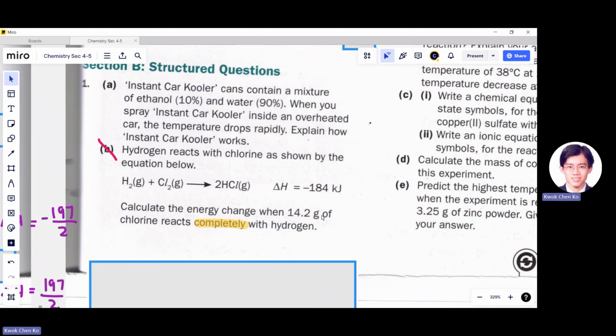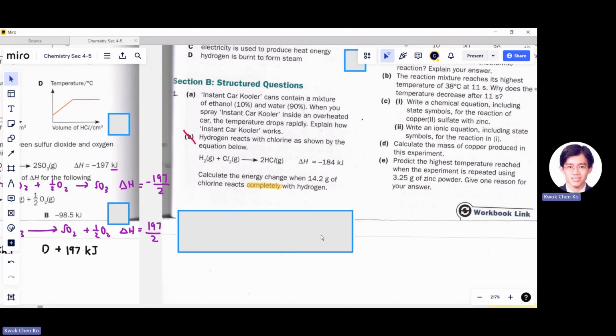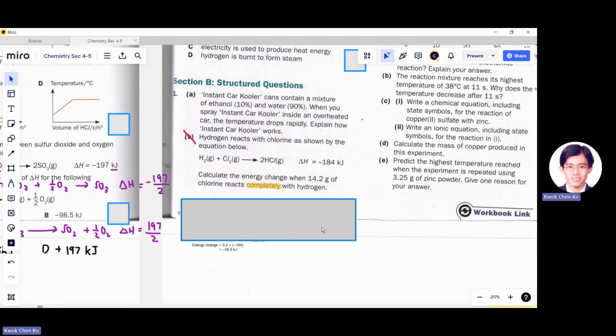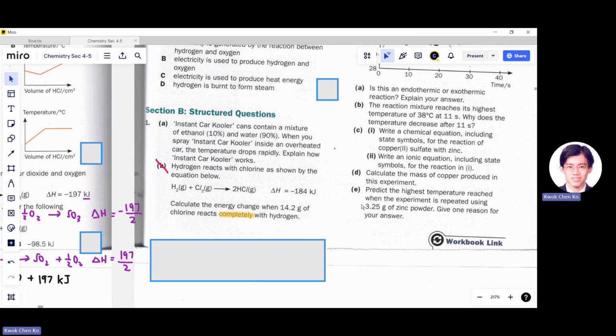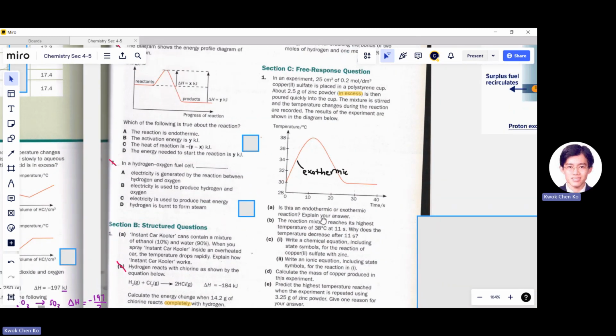So find out how many moles this is, and then proportionate accordingly. 0.2 mole. 5 times 0.2 mole, and you get an answer. 184 times 0.2. Make sure your minus is still there, or you're going to lose at least half a mark. Make sure your units are correct. Then minus.